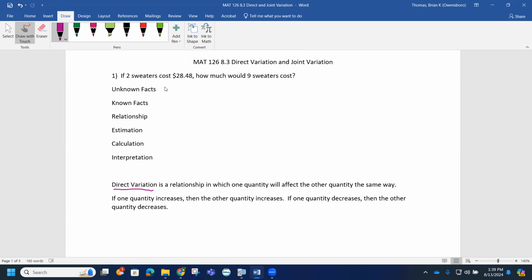So the unknown fact is the cost of 9 sweaters. The known fact is that for $24.48, you could purchase 2 sweaters.